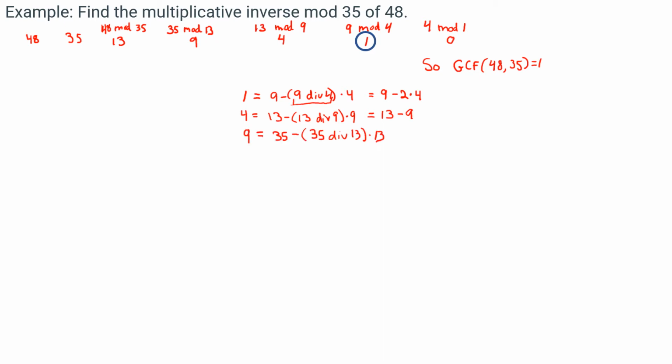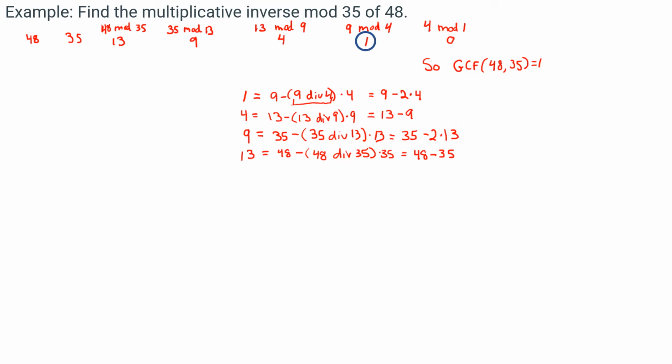And leave those as they are. Then 9 is going to equal, and we see the two numbers in front of the 9 are 35 and 13. So 35 minus 35 div 13 times 13. And we'll evaluate the div and get this. And we'll do the same thing for 13 and evaluate the div and get this.